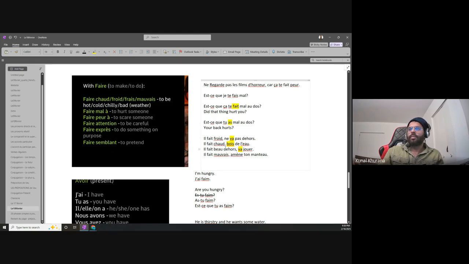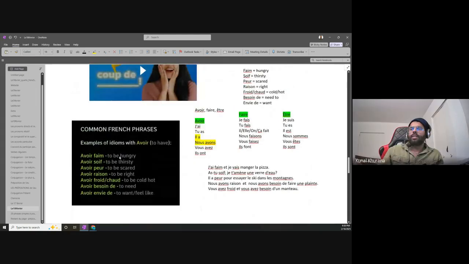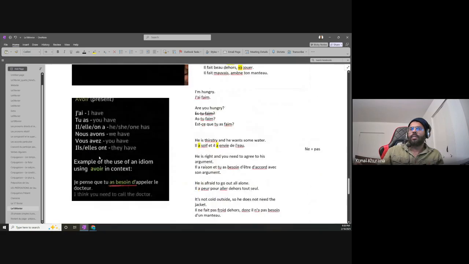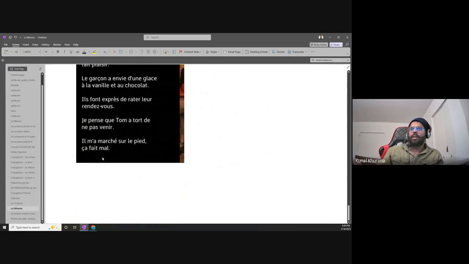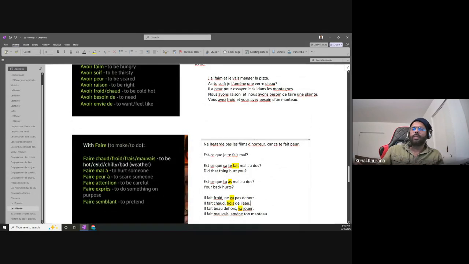So here we practiced with the imperative. Okay, so please make sure that if you have time, kindly cram these as such. Fais attention means what? To be careful. And then we will try to practice with more sentences.